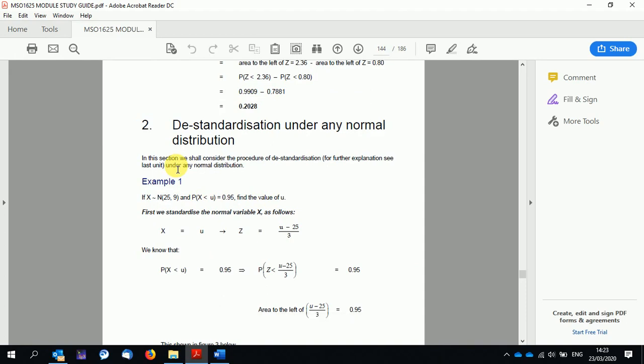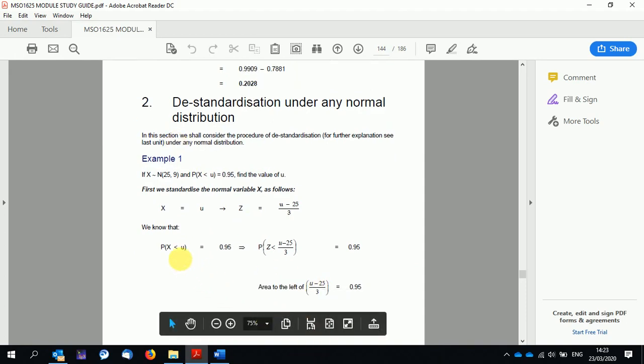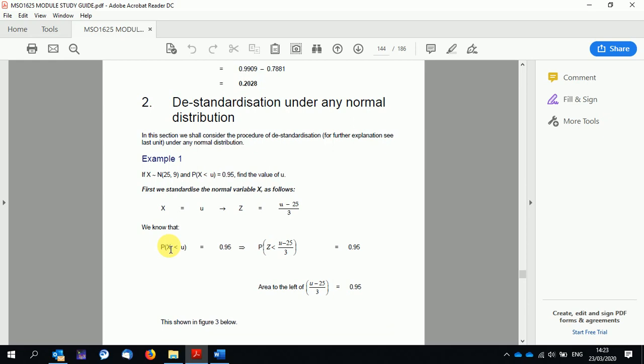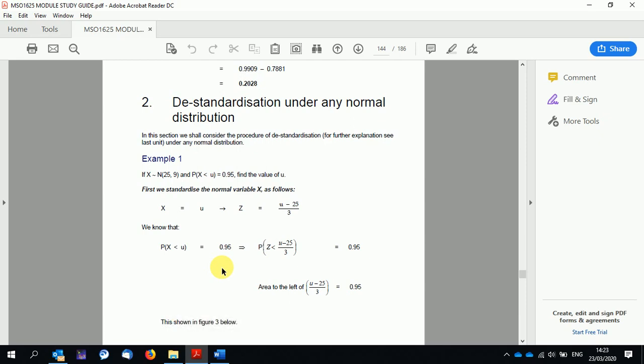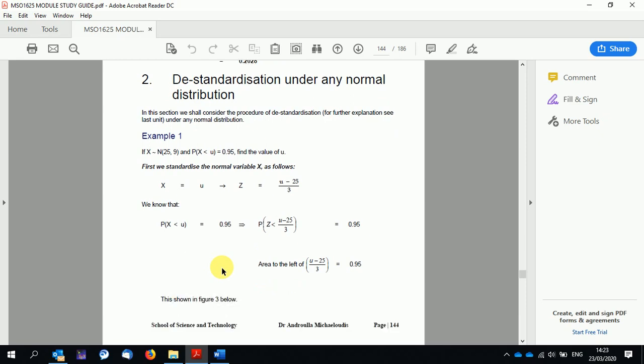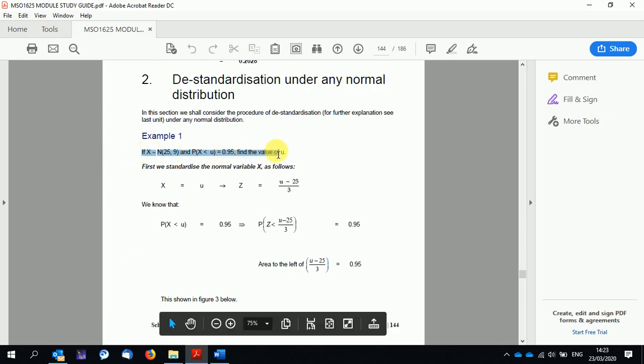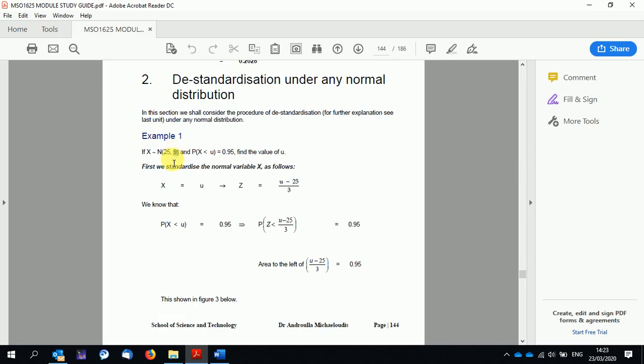And similarly now, as before, we can have questions where probability is given to you, and you will have to find the z value, and it's going to be tricky because we will not have a standard normal distribution here. We'll have a general normal distribution. So, for example, this question, we have the mean as 25, the variance as 9, hence the standard deviation must be 3. That's 3 squared here, right?